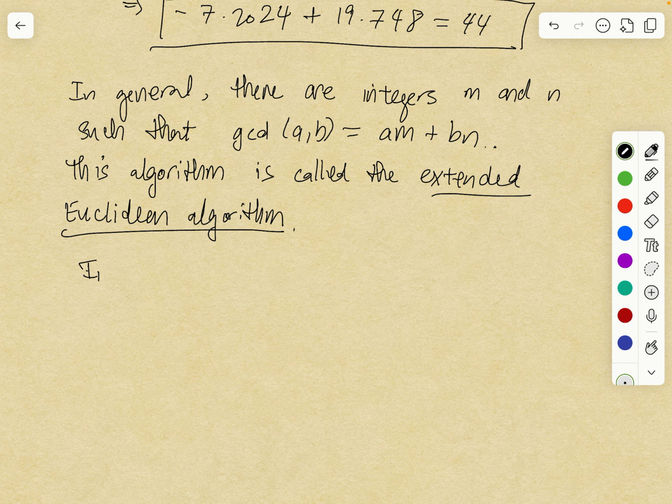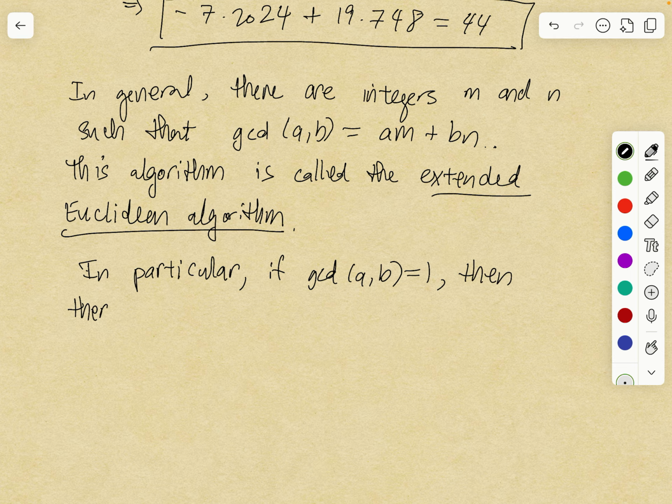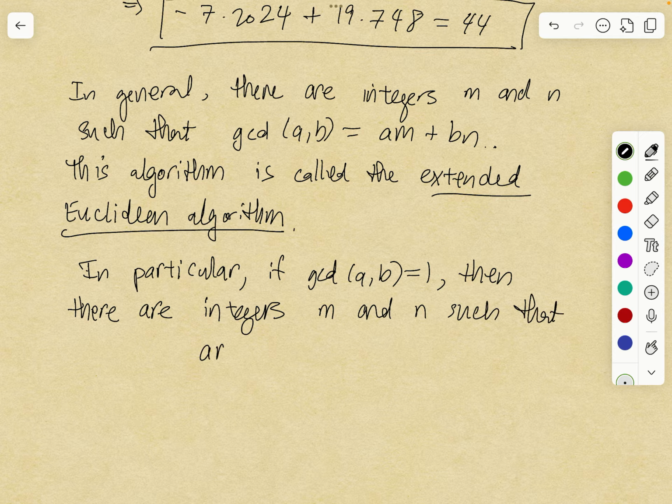So in particular, the extended Euclidean algorithm works even if the GCD of A and B is not 1, but it's often more useful when the GCD is 1. So if the GCD of A and B is 1, then there are integers m and n such that A times m plus B times n is 1.